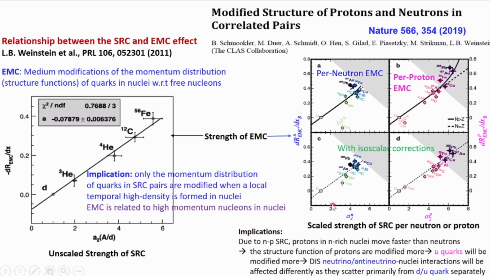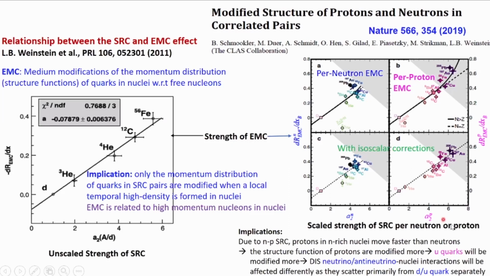You see that for neutrons, as you go from light nuclei to heavy nuclei, the strength of both the short-range correlation and the EMC effect saturate. So there's a saturation when you go from light nuclei to heavy nuclei.